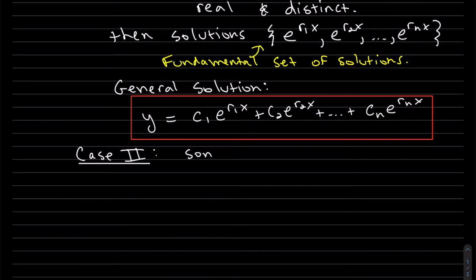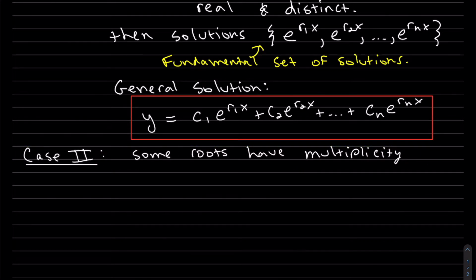Now our case 2, some of the roots have multiplicity k, so they're repeated roots, but they are real. And this is going to be similar to our second case in the quadratic, where we have repeated roots.